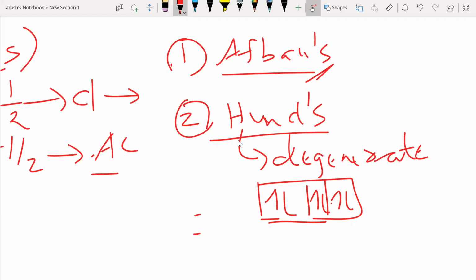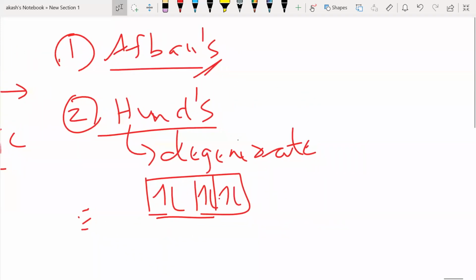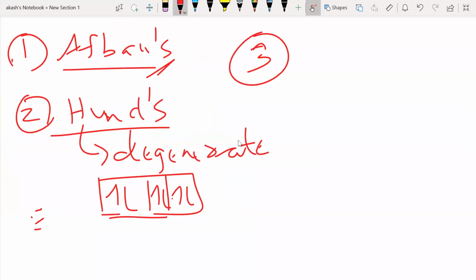And the last one is Pauli's exclusion principle.